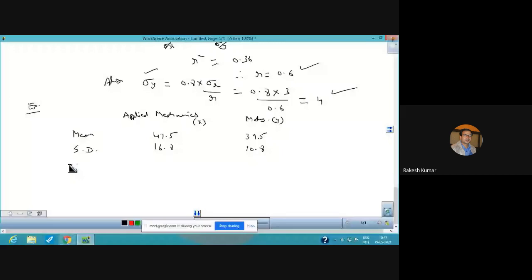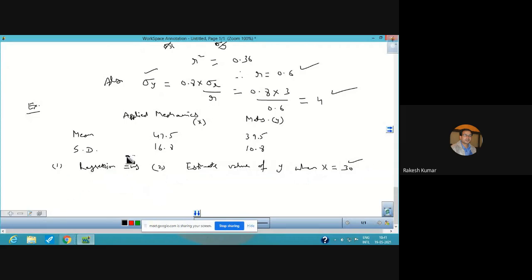We have to find the regression equations. In the first part, we have to find both regression equations, and in the second part, we have to estimate the value of y when x is equal to 30. This is very important. So let us do that. What is given to us?